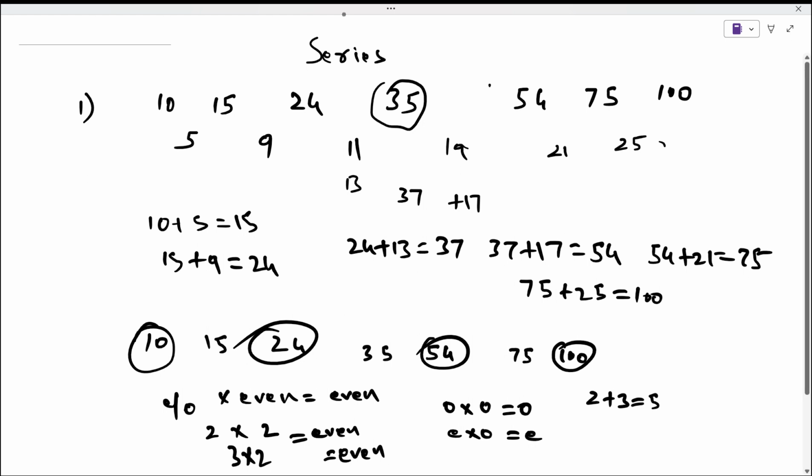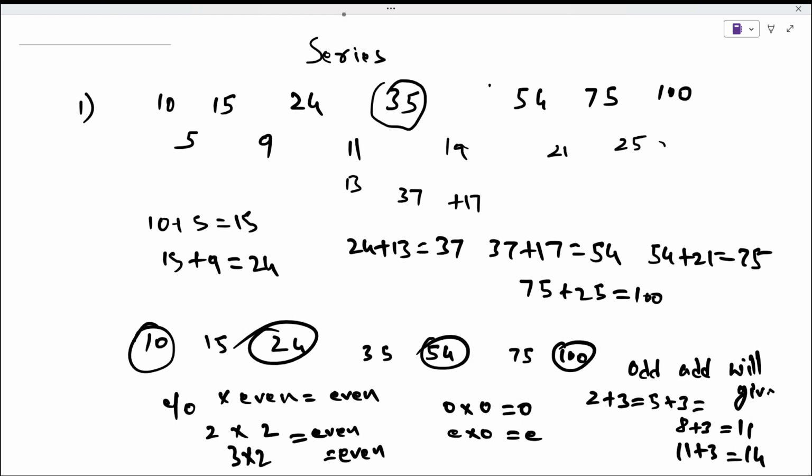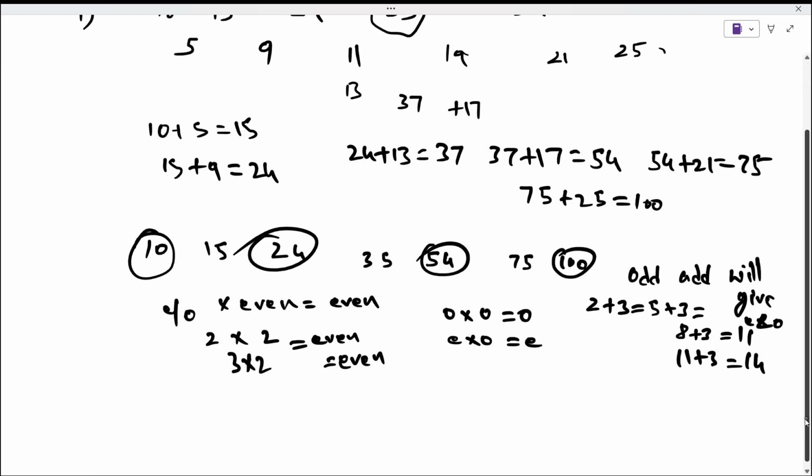And again, you do plus 3 is 8. 8 plus 3 is 11. 11 plus 3 is 14. Right. Odd addition will give even and odd. This we have seen. That odd addition will give even and odd, whereas even addition will not change.